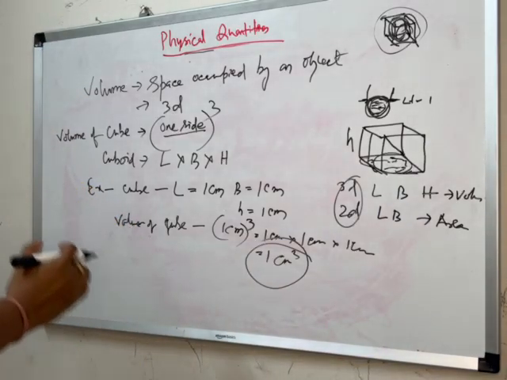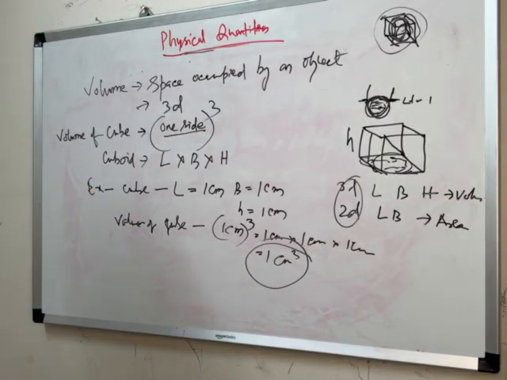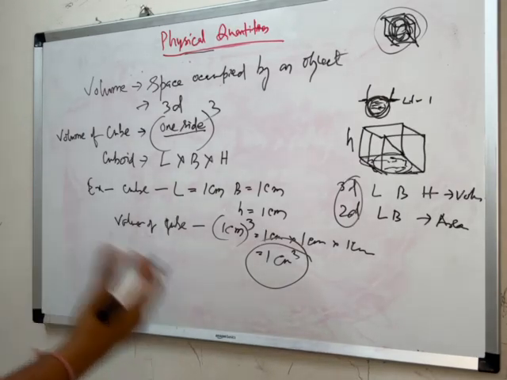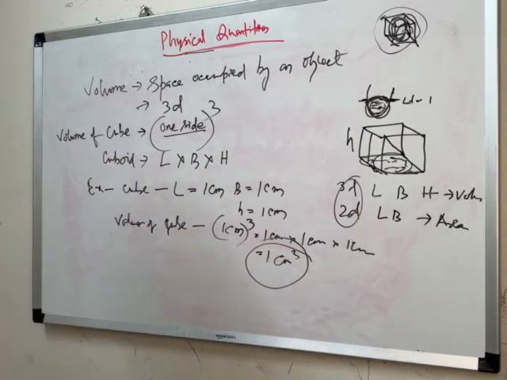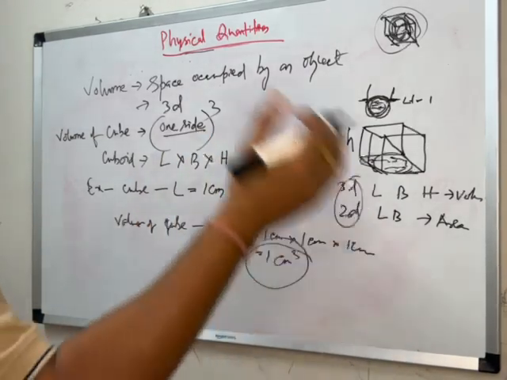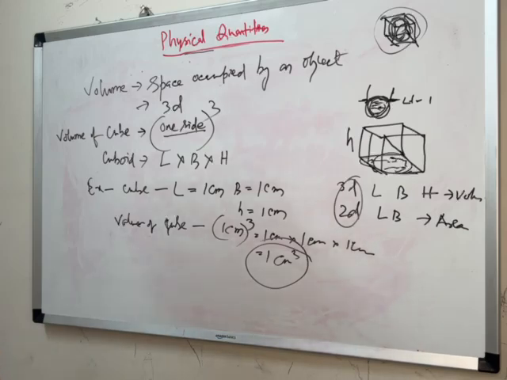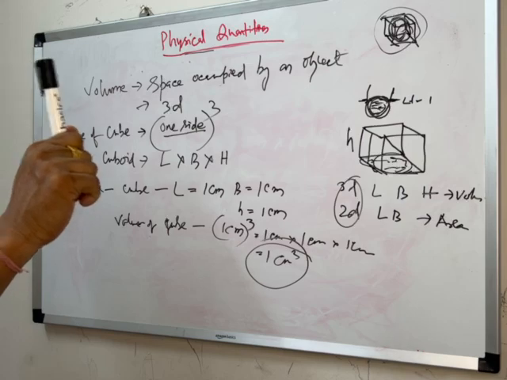Also, there are a lot of problems. You have to find the solution. Centimeter cube, meter cube. The unit of measurement will be different in the question. Suppose one length is given in centimeter and height is given in meter, then you have to convert that meter into centimeter, because whenever you find the volume, area, anything, you have to bring all the units of measurement to the same.